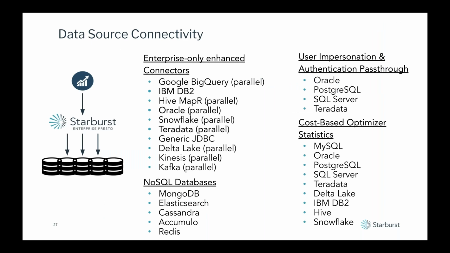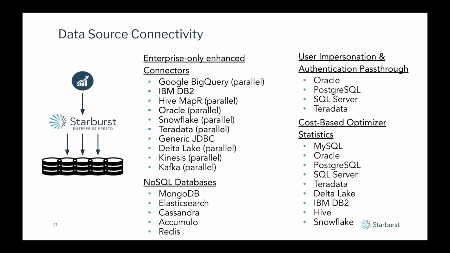In terms of the connectivity, like Martin mentioned, there are a lot of connectors in open source. Starburst has added some and has optimized many of those connectors to boost the performance even further. So for example, some of the connectors that are available have been parallelized, and this gives an ability for those worker nodes to reach out into the data sources in a parallel manner.